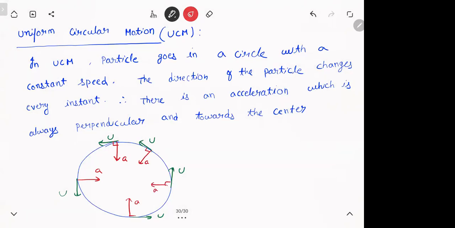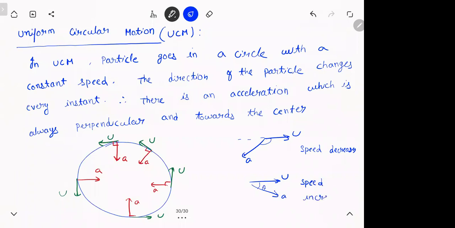Now, why should it be perpendicular? Simple logic, think about it. If it's not perpendicular, what will happen? If U is this way and A is this way, and it is an obtuse angle, the speed decreases. Suppose it is an acute angle, then the speed will increase. But you said speed is constant.